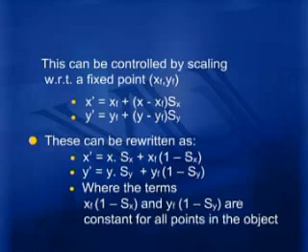We can rewrite the same expressions as x dash equal to x dot sx plus xf dot 1 minus sx, and similarly y dash is y dot sy plus yf times 1 minus sy, where the terms xf times 1 minus sx and yf times 1 minus sy are constant. Do you see anything that would be changing? xf, yf are the coordinates of that fixed point. sx and sy are given, the scaling factors with which to scale. 1 is a scalar. So these values would stay constant throughout our transformation.